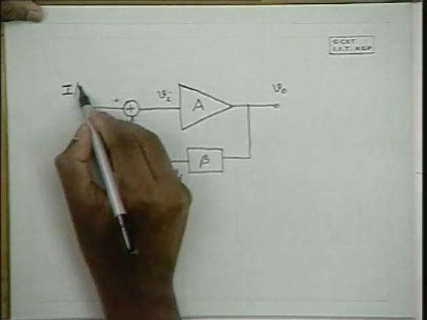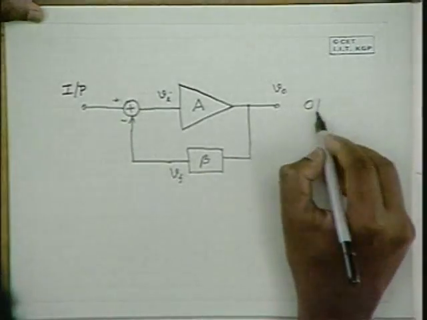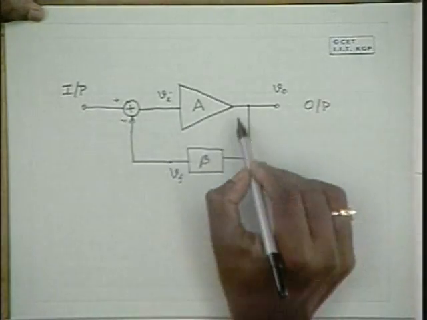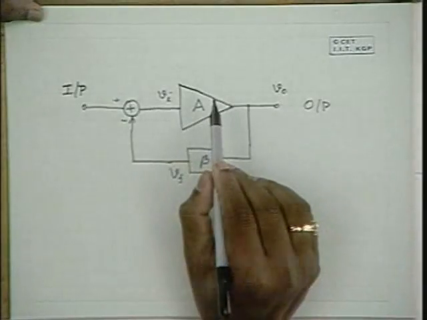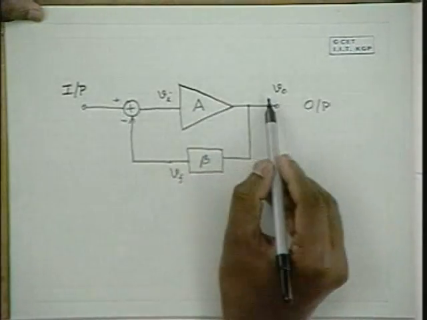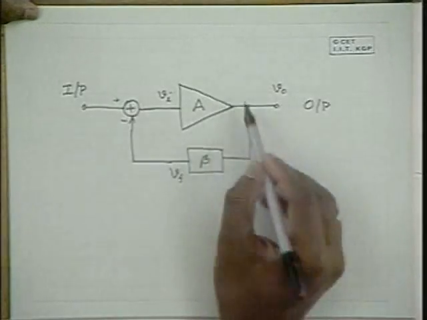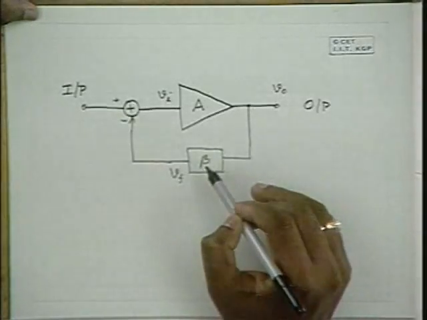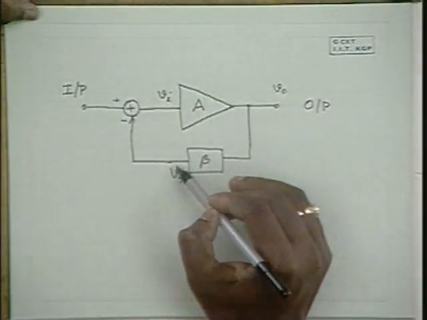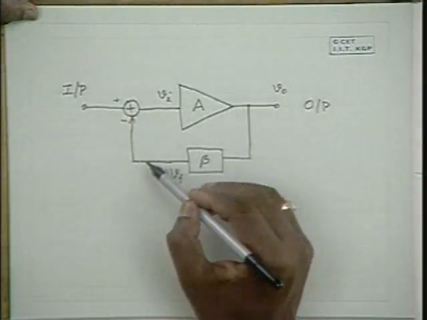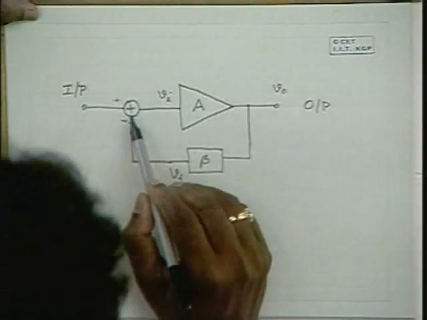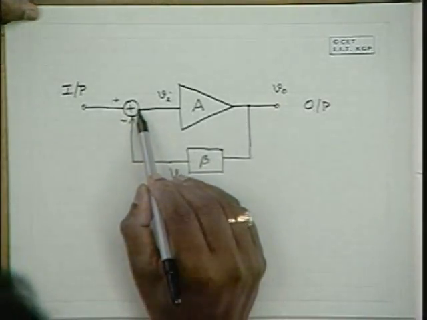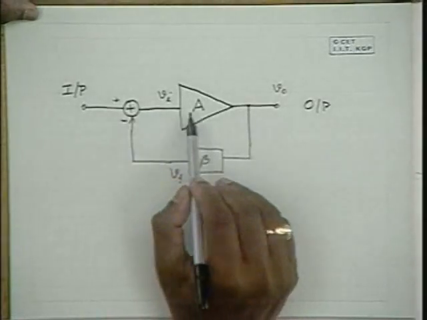So this is the feedback amplifier with the input here and output here, and this is the amplifier without feedback. It takes an input signal Vi and gives an output signal V0. From this amplifier's output, we take a fraction, beta times V0, and that voltage is say Vf, and that voltage is subtracted from the input signal, and then the error signal, or the difference, is fed to the amplifier.